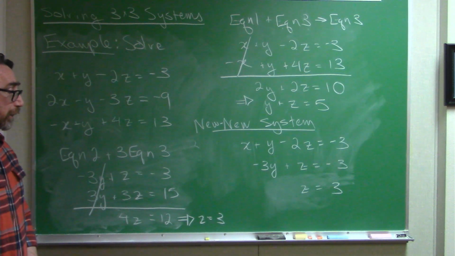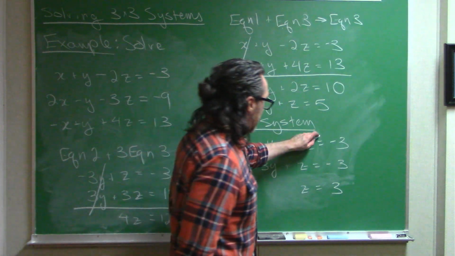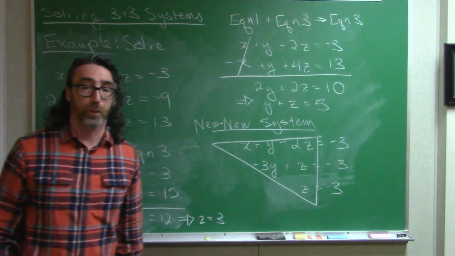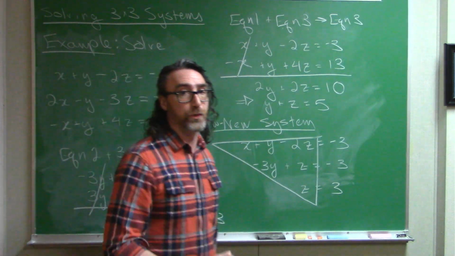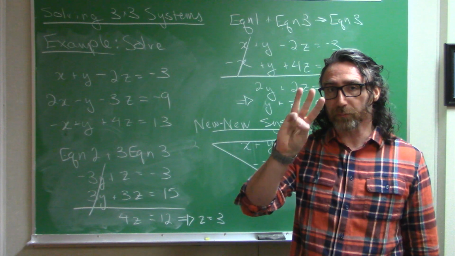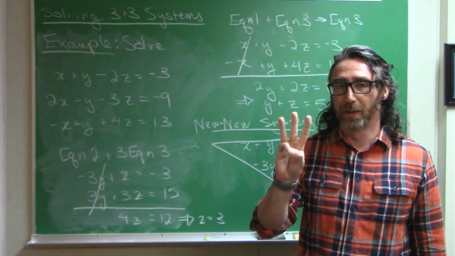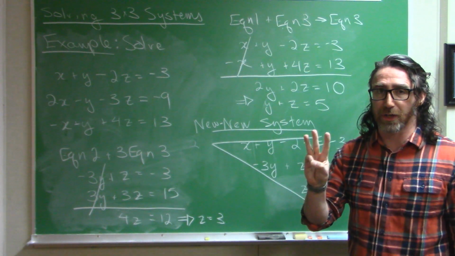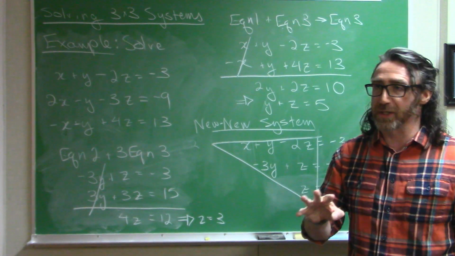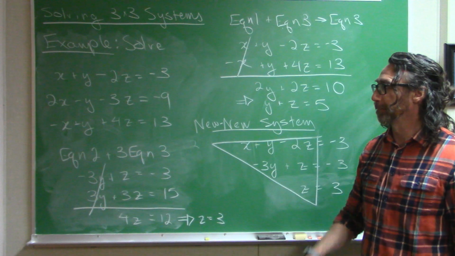All right. Good thing about this, got that nice triangular form, which means we are ready to do a back substitution. When you have a 3 by 3 system, you will need a maximum of 3 eliminations to solve this system. If you find yourself having to do more, something's gone wrong. You've made some kind of mistake.